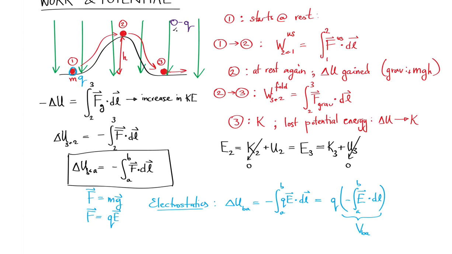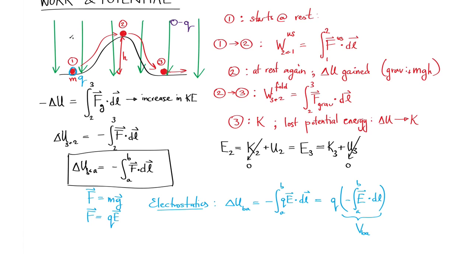So what that means is that for a negative charge in this electric field, the higher potential is now at the bottom, and the lower potential for the negative charge is at the top, right? Because if you think about this analogy with the mass, objects always want to go from a higher potential energy to a lower potential energy.